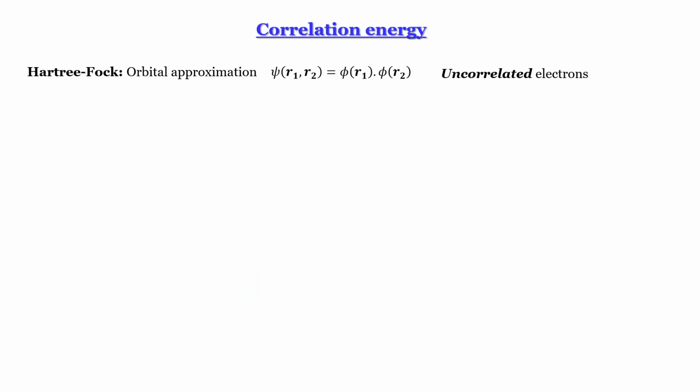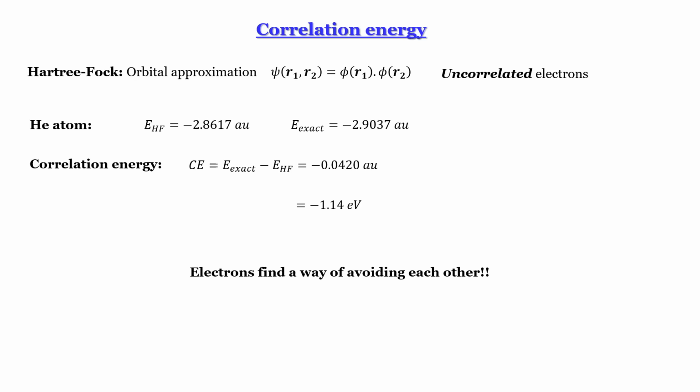Let us see if that slide is there. I think that is not here. So maybe using that Hartree-Fock limit, they have reached, I think, minus 2.8617 arbitrary units. That is the Hartree-Fock limit they are saying.